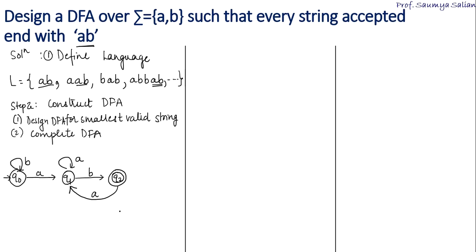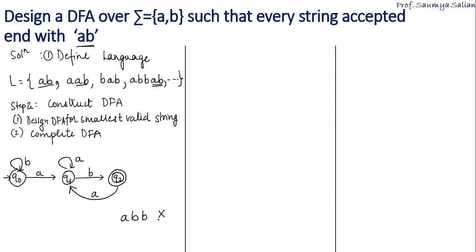Now, the next input is Q2 on B. Now let's check. As we already know, to reach Q2 from the initial state, I have to come across A and B. Right? If I get a B at Q2, is it allowed? It is not a valid string. It should not be reaching final.